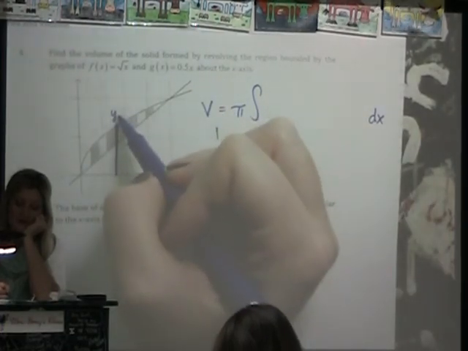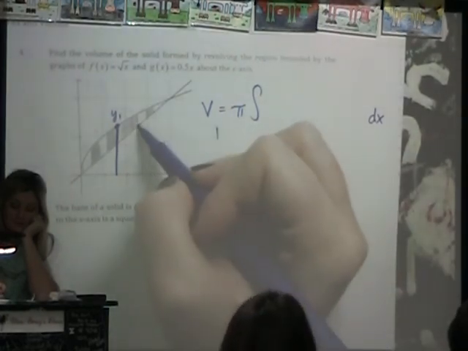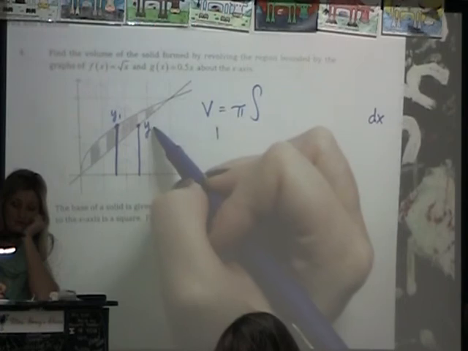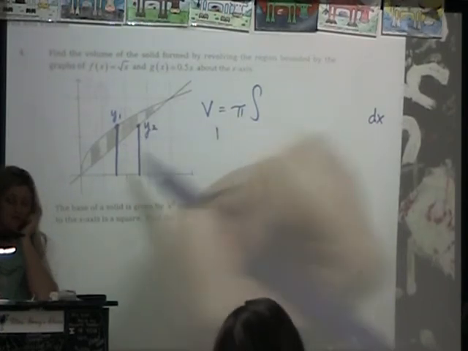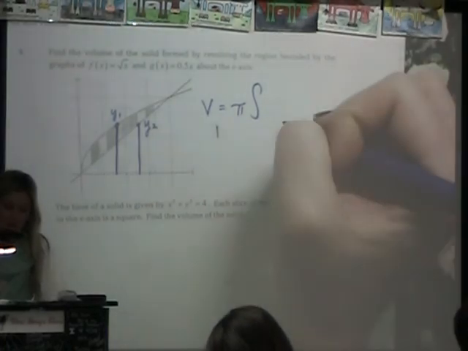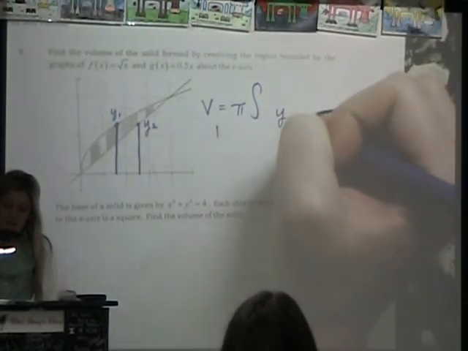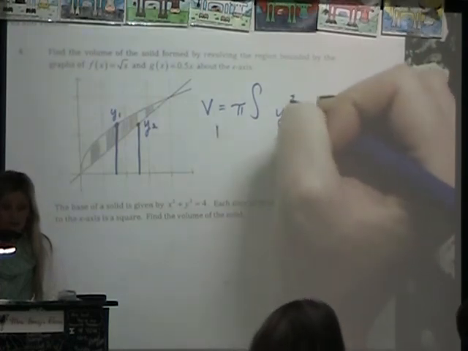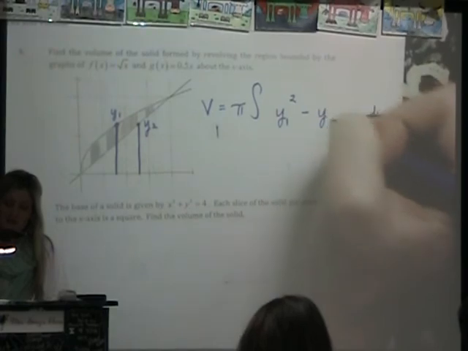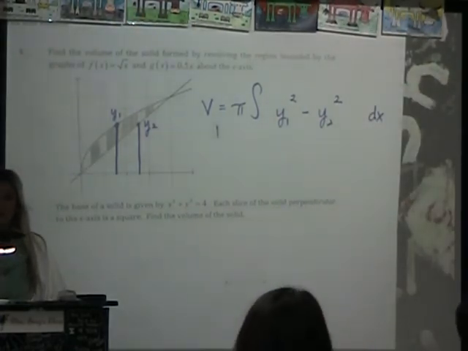So let's call this y sub 1. And then we'll call the radius of the hole y sub 2. So we're going to do y sub 1 squared minus y sub 2 squared. Now notice the difference in 3 and 4.